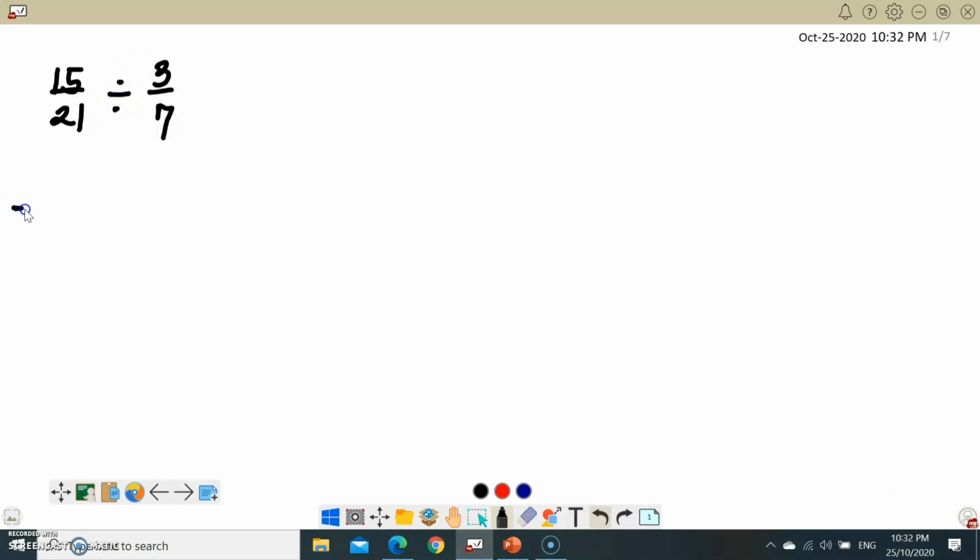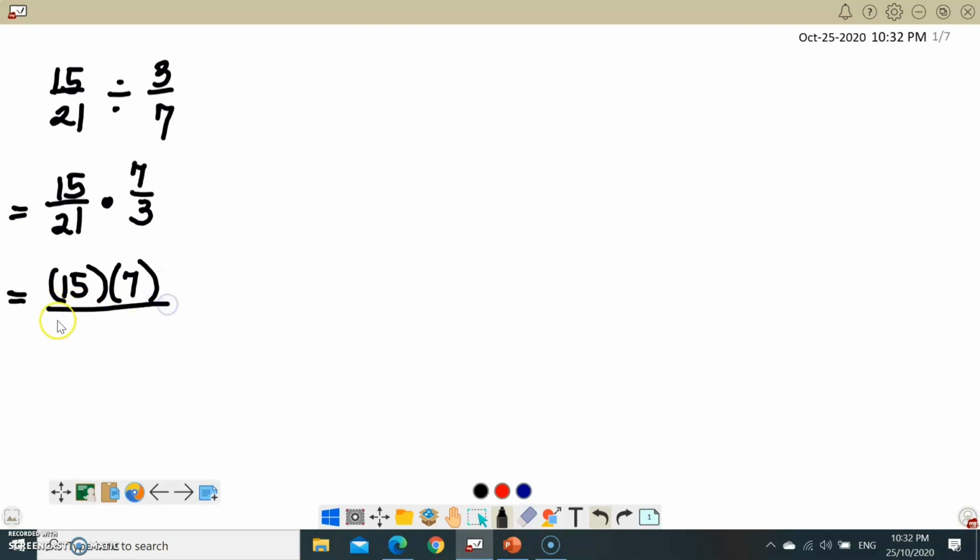So we now have 15 over 21, division is changed to multiplication, and the reciprocal of the divisor is equal to 7 over 3. Then we multiply. 15 multiplied by 7 over 21 multiplied by 3.